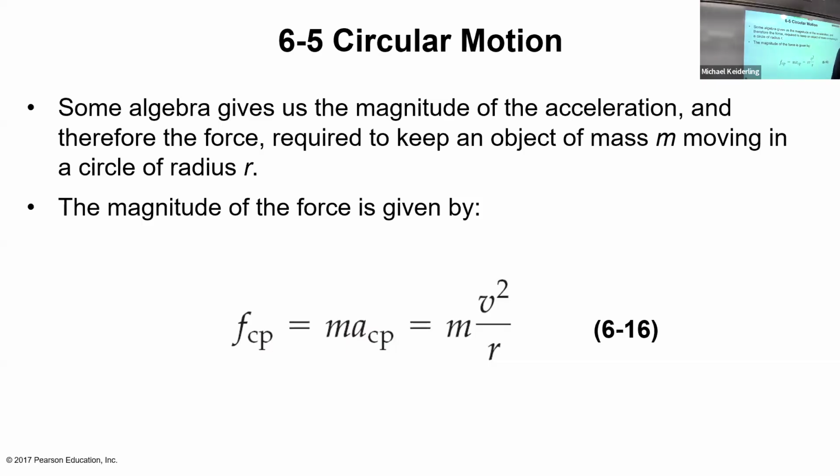So basically, if you have something traveling around in a circle, speed x ends up being equal to velocity times cosine of omega t.